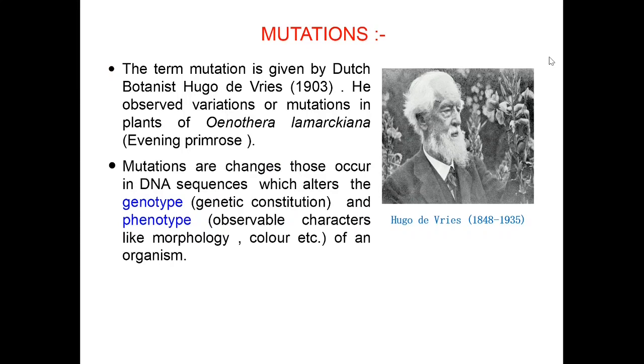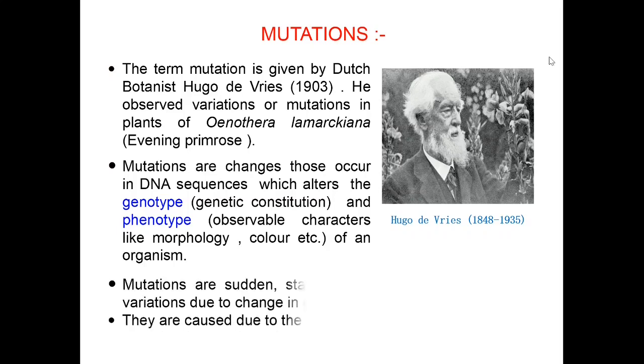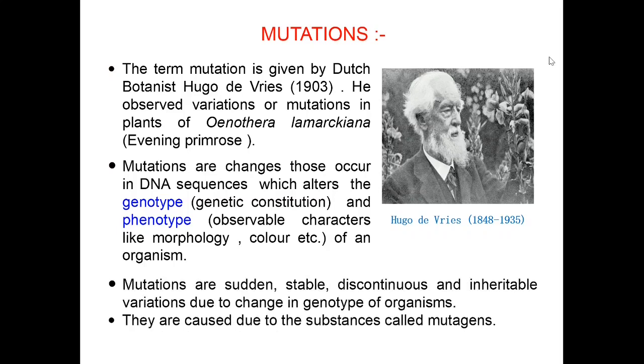Mutations are changes that occur in DNA sequences which alter the genotype and phenotype of an organism. Mutations are sudden, stable, discontinuous, and inheritable variations due to change in the genotype of organisms. They are caused by substances called mutagens.